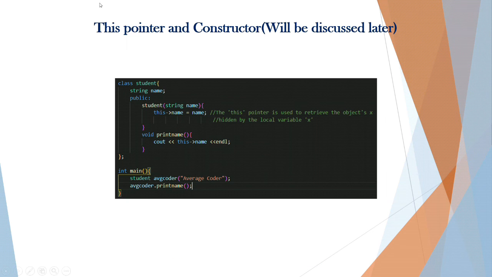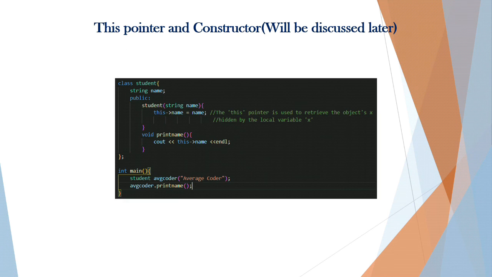For now, just think of it as a function which is called here. You can see that the details we provide, such as name, are the same as the details written here, a variable which is private. So we use the this pointer to differentiate between the private variable, which is hidden by the local variable, and the variable which we are providing. The this pointer makes things very easy to understand.